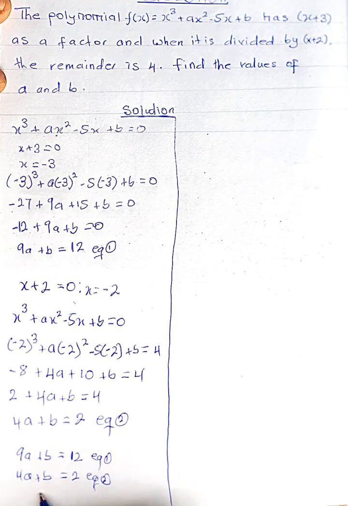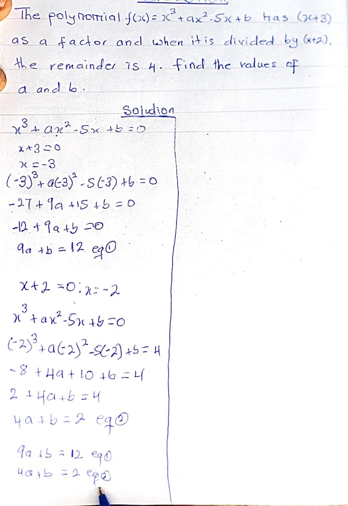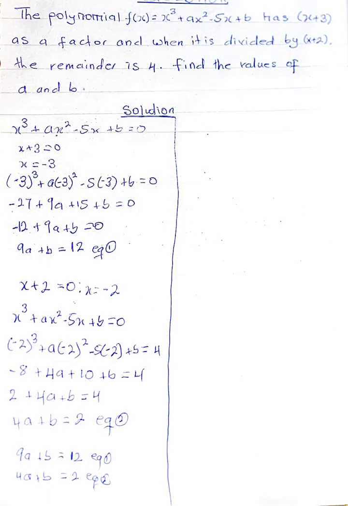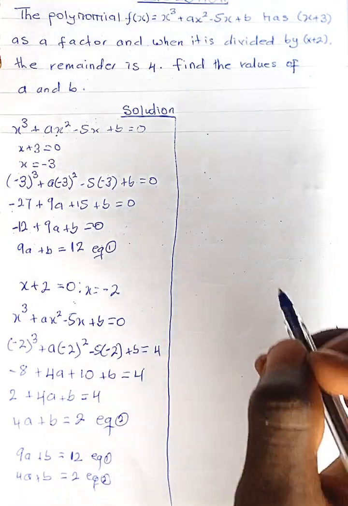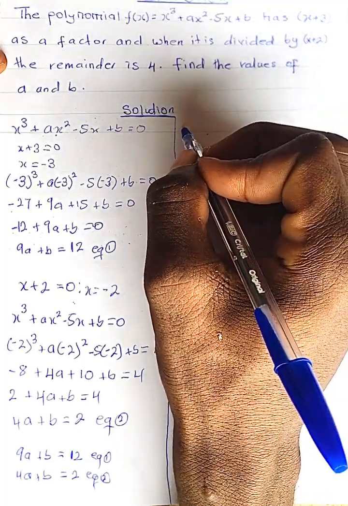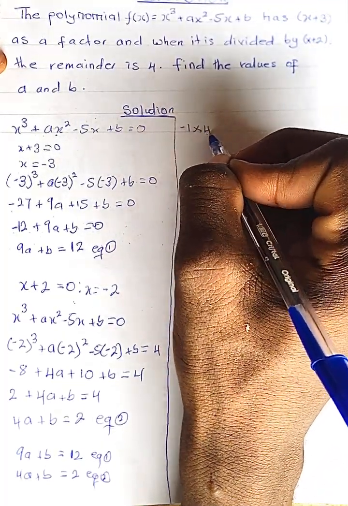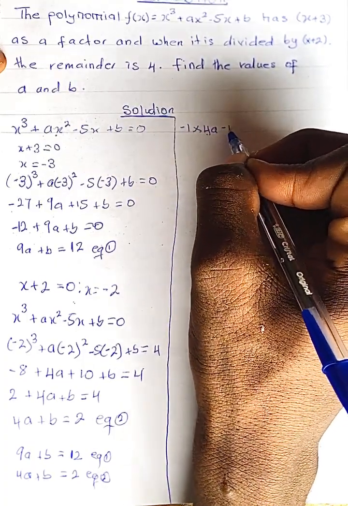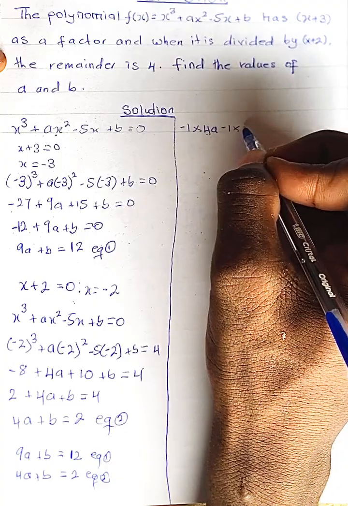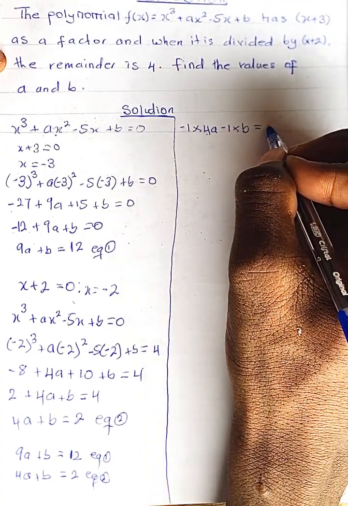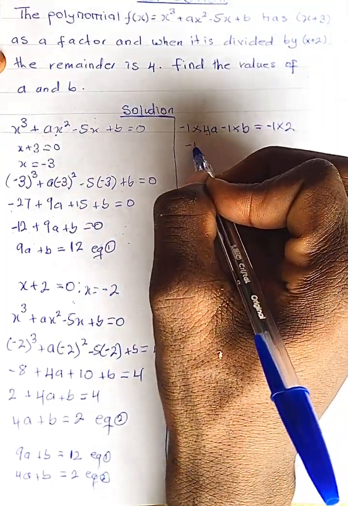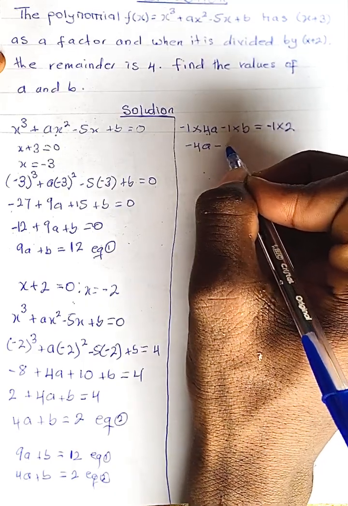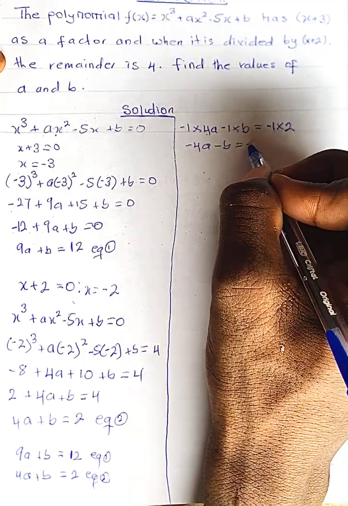Let's multiply equation 2 by negative 1, because then we have negative b, and when negative b is added to positive b, it will be 0. So negative 1 times 4a, minus 1 times b, is equal to minus 1 times 2. This gives us negative 4a minus b is equal to negative 2.